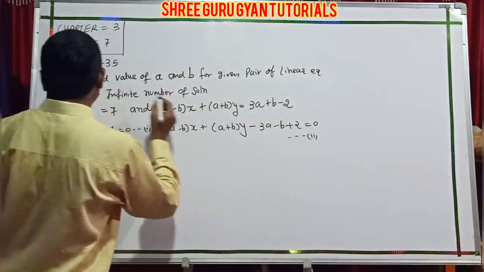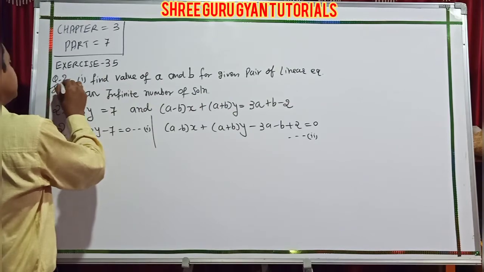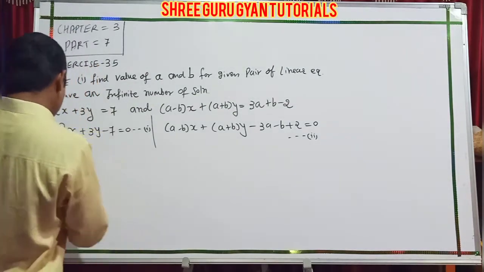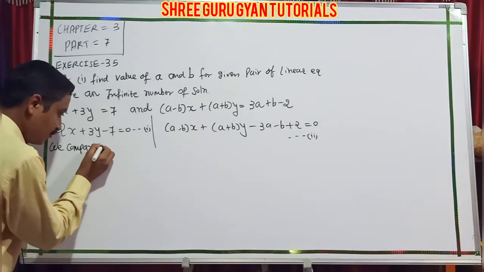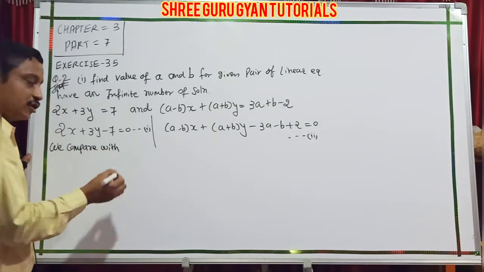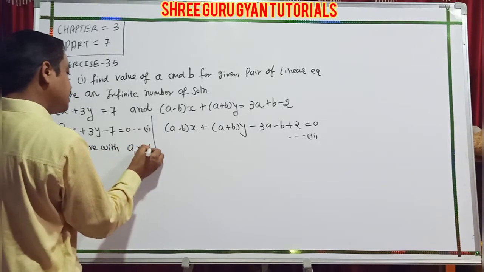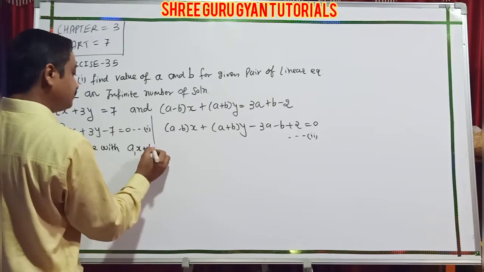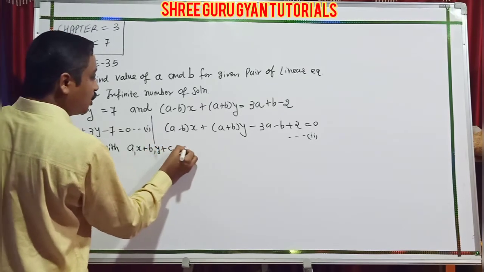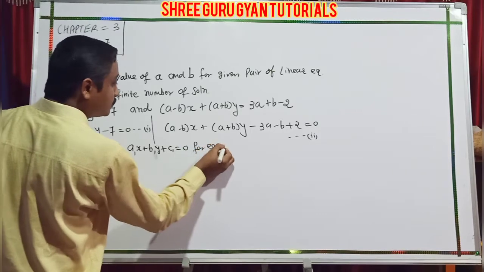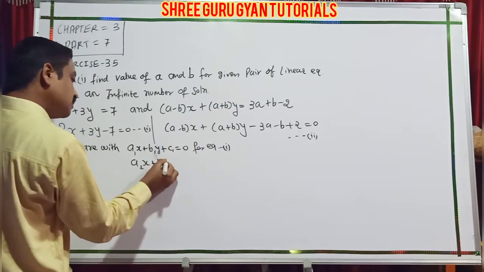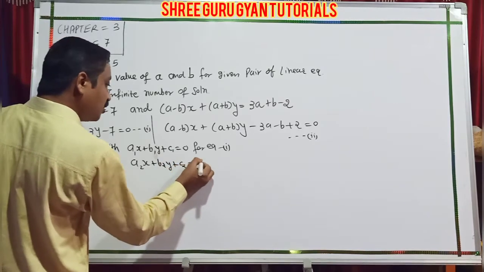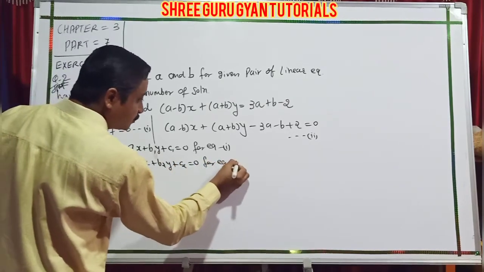Students, this numerical is important for exam level. Now we compare with the known equation a1x plus b1y plus c1 equal to 0 for equation 1, and similarly write a2x plus b2y plus c2 equal to 0 for equation 2.